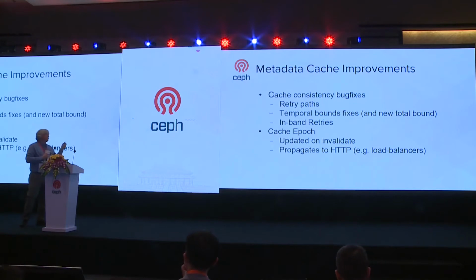But more interestingly, we propose, and there's an upstream PR if folks are interested to look at it, the notion of versioning the cache. This allows the RadosGWs participating in a group to be aware of the current version of the cache that's authoritative, and discard their cache if they're out of date. The idea is that this will propagate out into the HTTP environment, into load balancer clusters or similar mechanisms, and propagate back to all the RadosGWs.